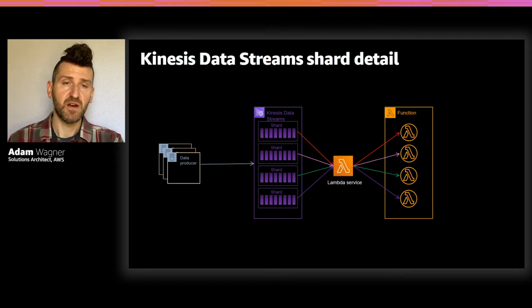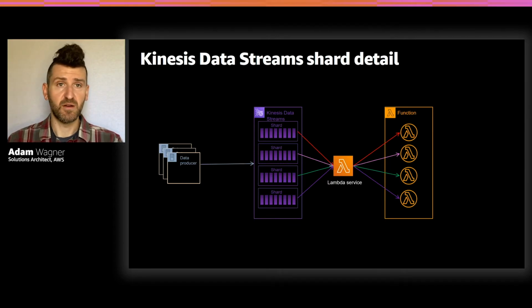And then there's a one-to-one mapping by default of concurrent Lambda executions to each shard. So if you see that, the red arrow on the top taking records from that top shard and sending them to that Lambda function, it's going to continue to do that as there's new shards.